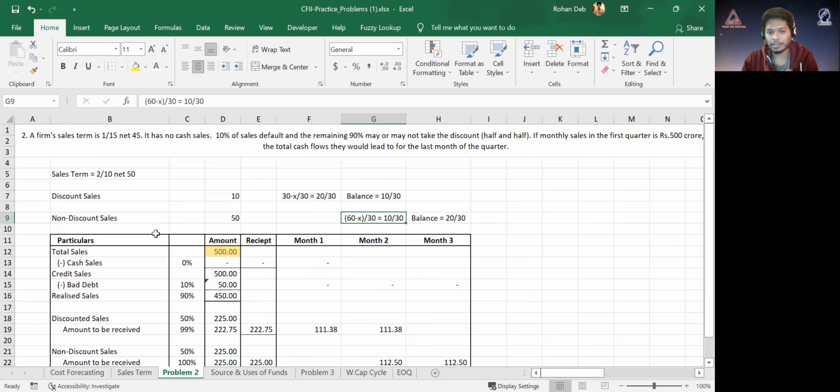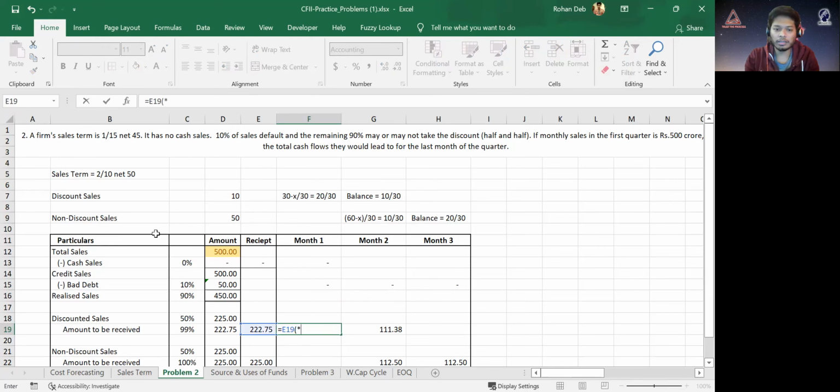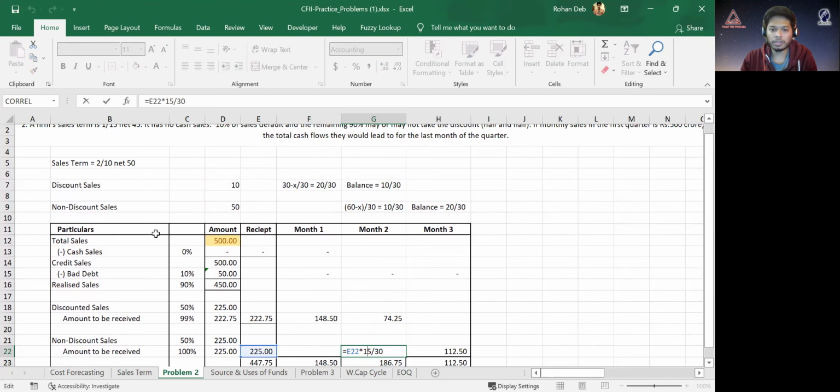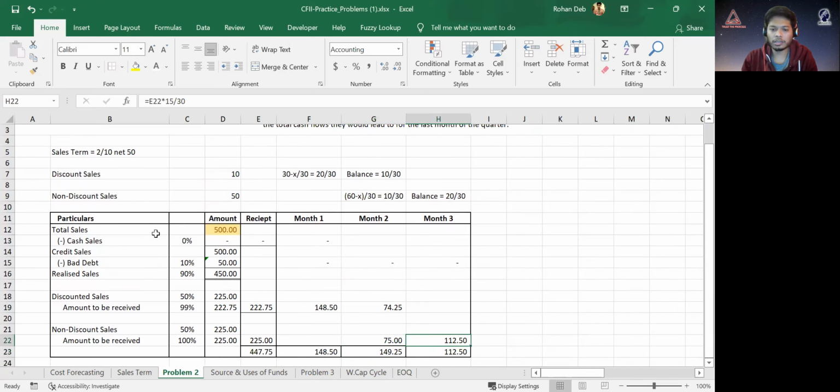60 minus 50 by 30. Okay. So again, this variable would change. What would be the variable? Equal to this into 20 by 30. And this would be equal to this into 10 by 30. This would be 10 by 30, this would be 20 by 30.